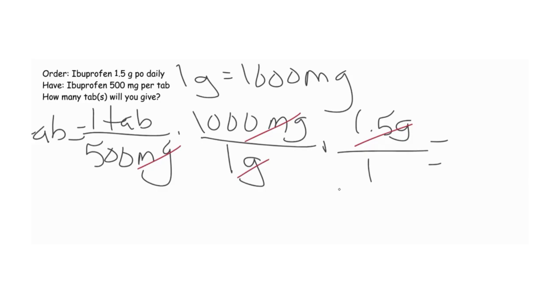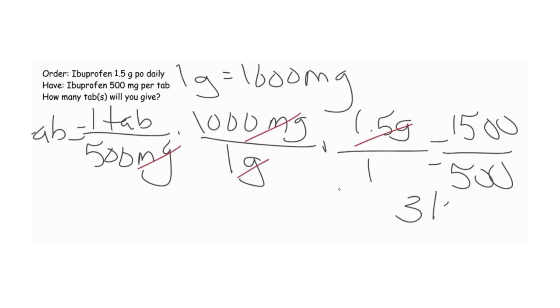Right? 1 times 1,000 is 1,000. 1,000 times 1.5 is 1,500. 500 times 1 is 500. So 1,500 divided by 500 is 3 tabs.